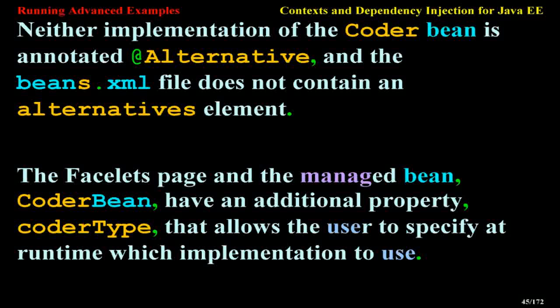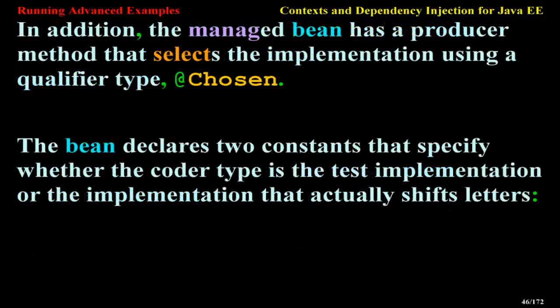The facelets page and the managed bean, CoderBean, have an additional property, coderType, that allows the user to specify at runtime which implementation to use.